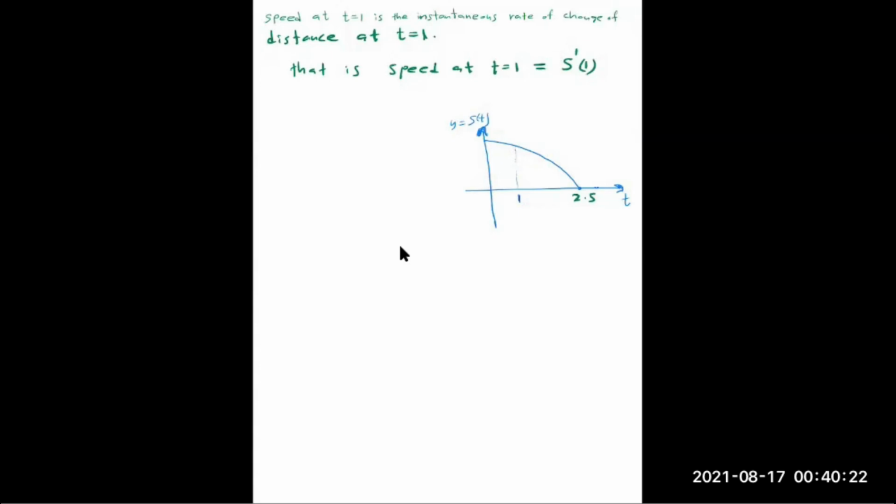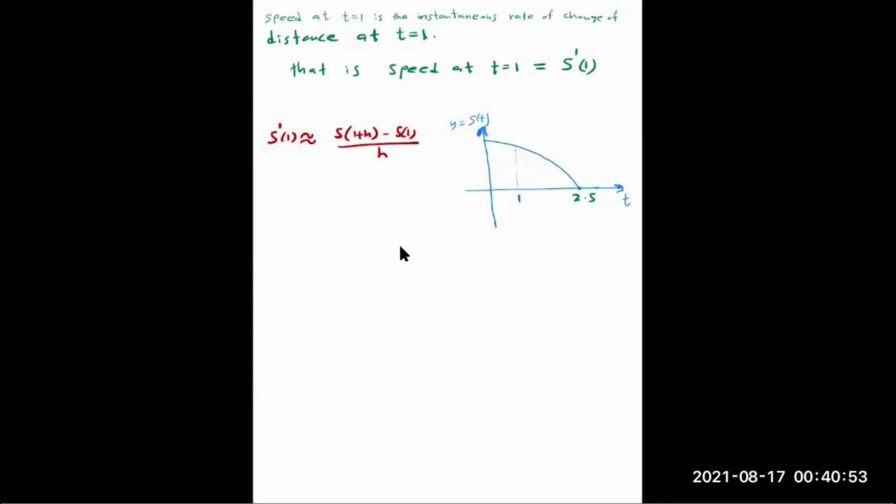To find an approximation, I can use this approximation formula: s prime of 1 is approximately equal to s of 1 plus h minus s of 1, divided by h. I have to choose this h to be a small number to make sure that this is a good approximation for the speed at t equal to 1. s prime of 1 is the speed at t equal to 1.